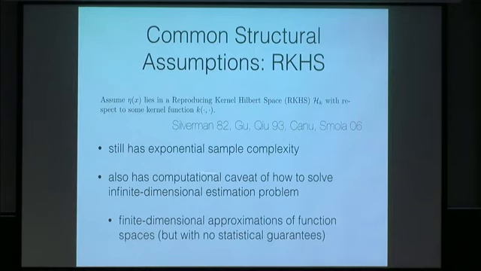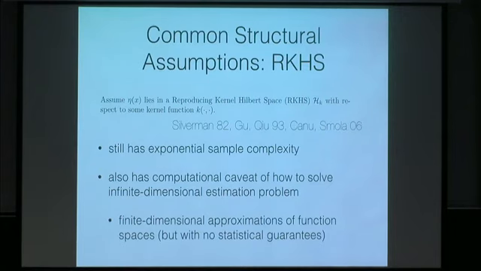And so this again dates back to Silverman and with some other follow-on work in the 90s and even in 2000s. The issue is that this still has exponential sample complexity because this is still a very large function space, a set of all smooth functions where the smoothness is defined with respect to some kernel function. So this is still a very flexible function class, so still exponential sample complexity.